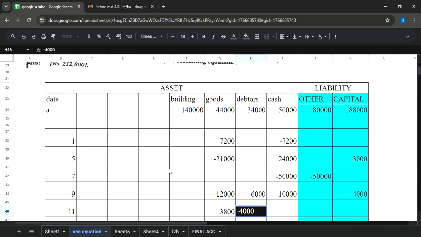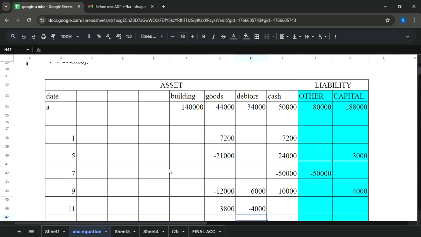Now, please understand, when he is returning these goods, it means we are losing our profit. How much profit? The difference of 4,000 and 3,800 is our loss. Again, loss is also a part of capital, and since it's a loss, you will mention it with a minus sign.